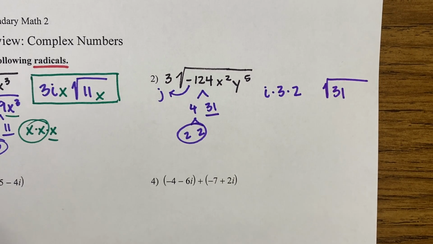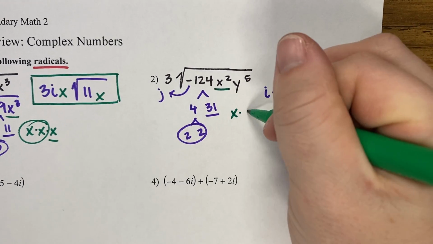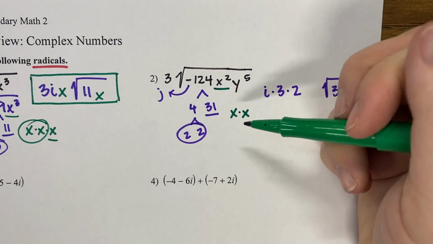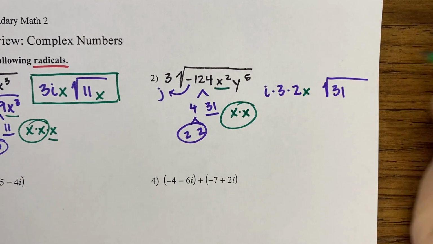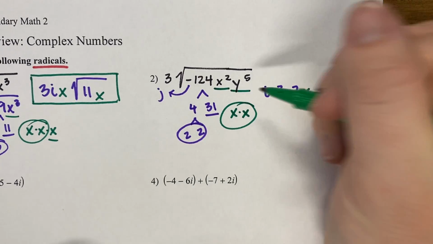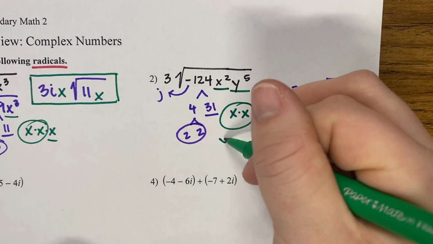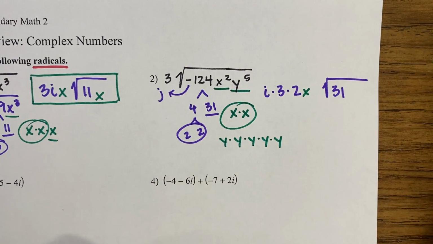Now let's deal with our variables, see if anything else can leave the radical. I have x squared, or in other words, x times x. That's an even number, 2 of them, and they can create one pair of x's. Now let's look at our y's. We have y to the 5th, or y times y times y times y times y, 5 times.